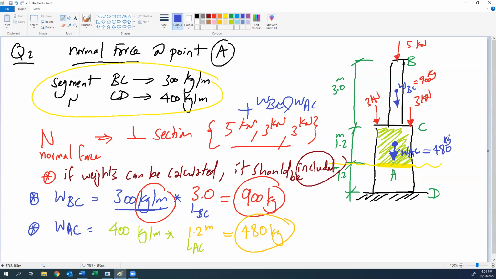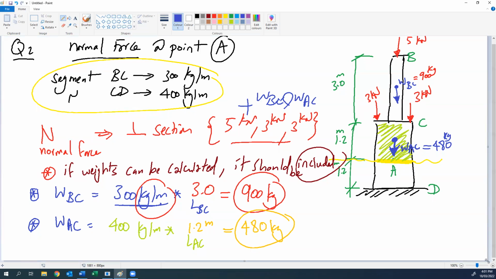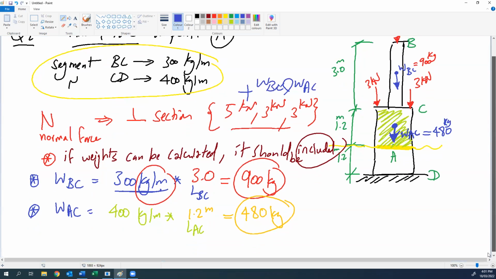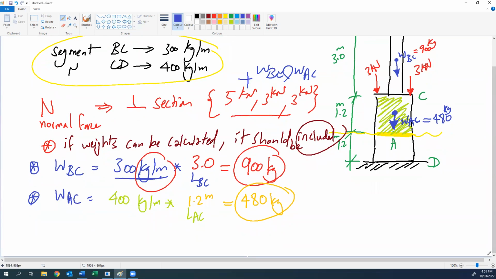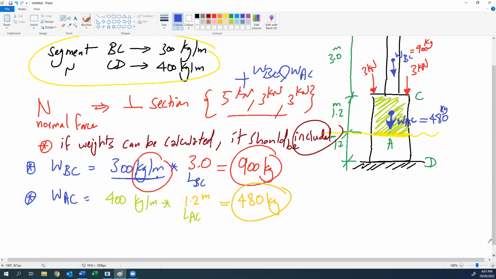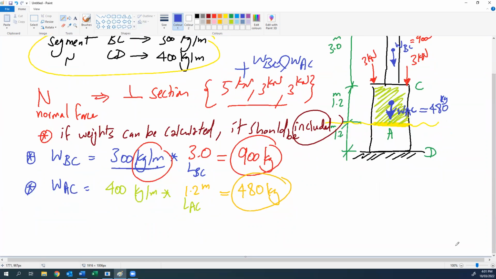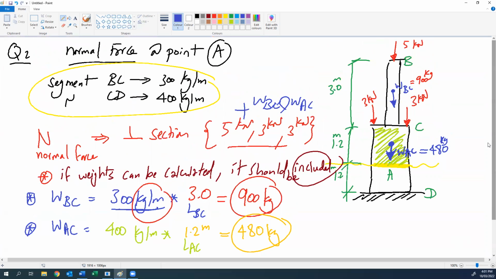So now all the forces are known for this column, or do we need to do more calculation? What do you think? Now, are there any loads that could cause normal force or normal stresses at section AA, or are these the forces we have?